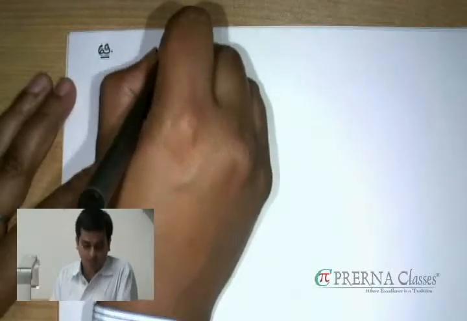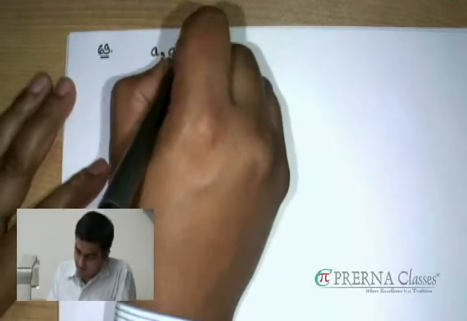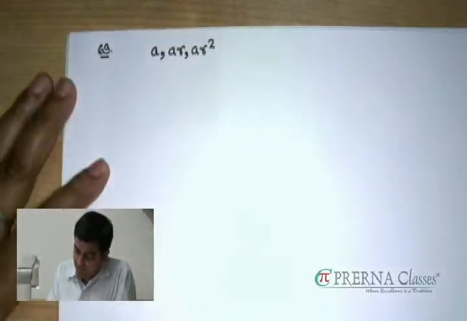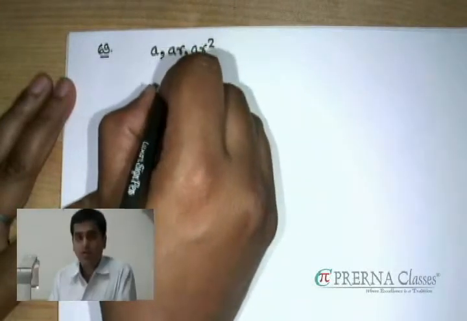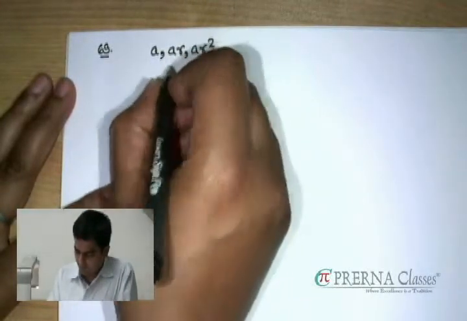Okay, in the next problem, we have 3 numbers given which are being told that they are in increasing GP. Let us consider those numbers as a, aR, aR square form.